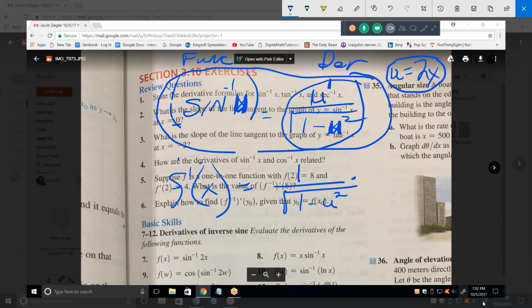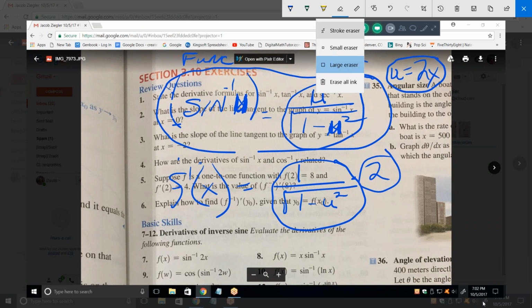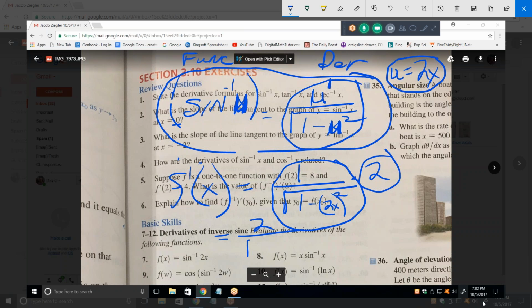All we're doing is applying the chain rule. That's the derivative of the outside, that's the derivative of the inside. We go back and substitute for u what it's actually equal to, which is 2x. So now we have 2x in parentheses squared. And there's our answer. Now I can simplify that a little bit. That becomes 2 over the square root of 1 minus 4x squared. So that's the answer to number 7.